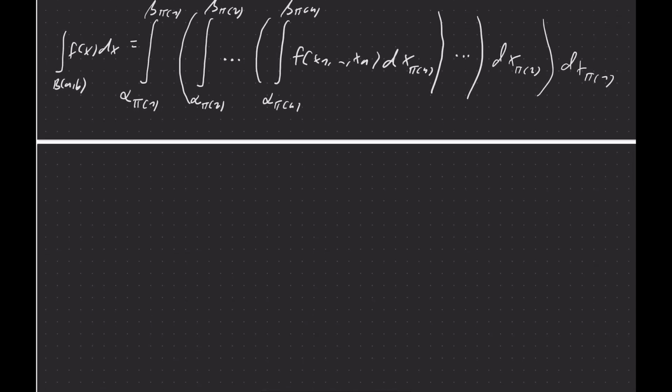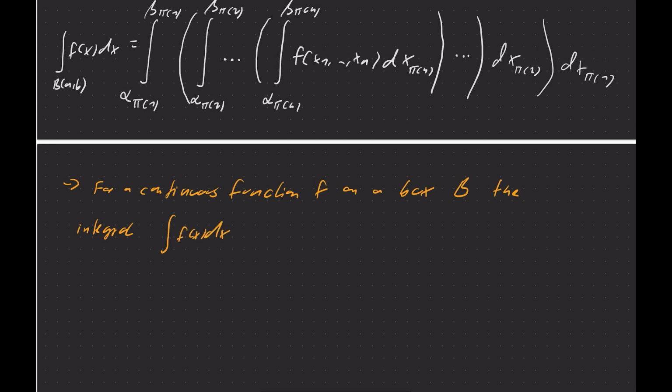Okay, so in other words, for a continuous function on a box B, the integral f of x dx over the box B can be computed through successive parameter integrals in arbitrary order.